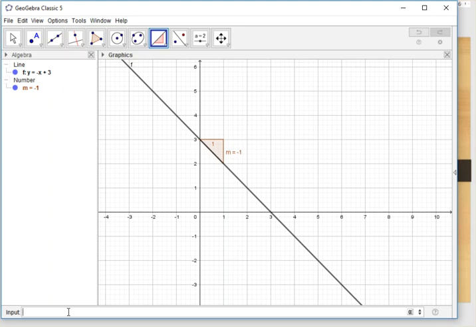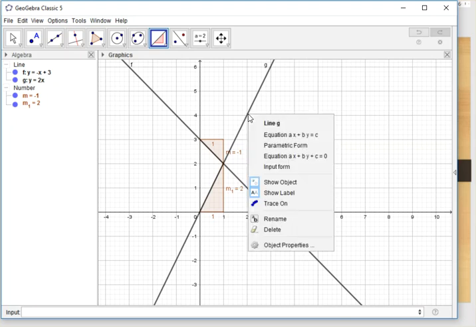So if we have y equals 2x and we calculate the gradient, we get 2. So positive, this one's 2, and this is where it's handy to have the different colors.